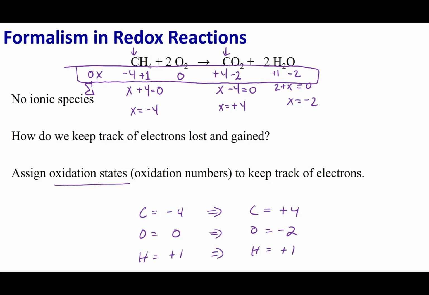So if things are changing oxidation states, that means a redox has occurred. We can see oxygen went from 0 to -2, so it reduced in oxidation number. So it is reduced. Carbon went from -4 to +4. Since its oxidation number increased, it is oxidized.